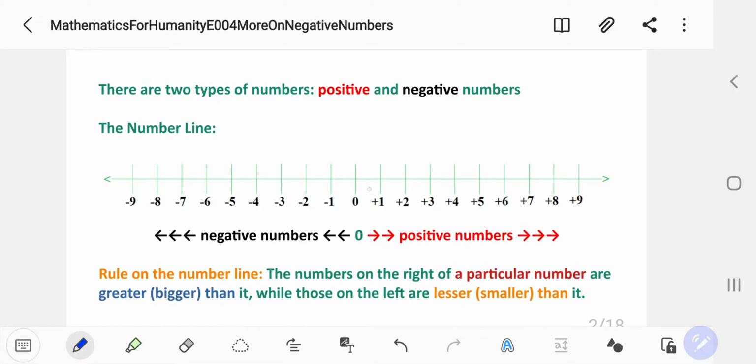Going to the right are positive numbers. So you can write this as 1, 2, 3, 4, 5, 6, 7, 8, 9, 10, and so on. You can leave out the plus, and the number can be written just like that.